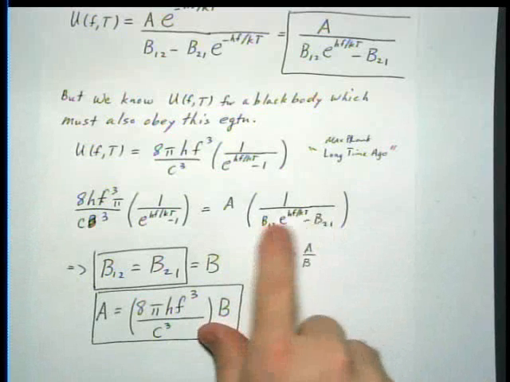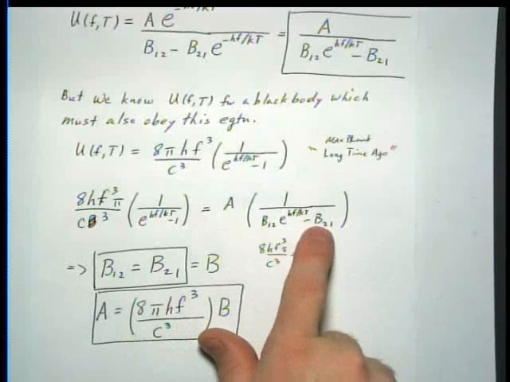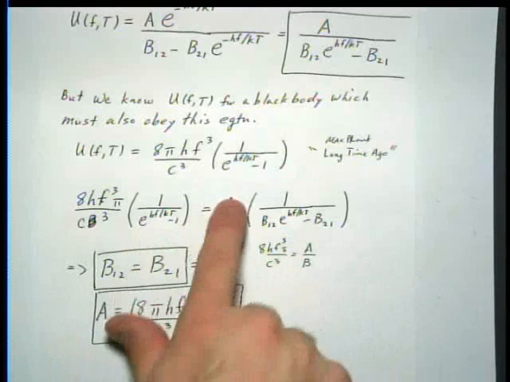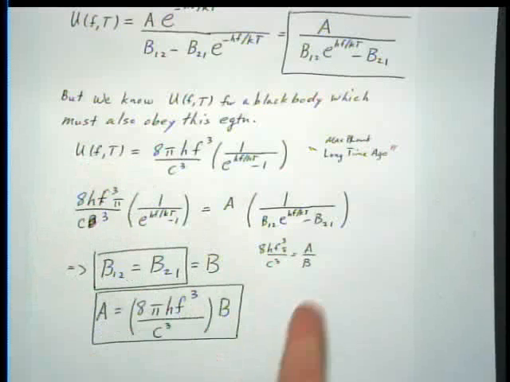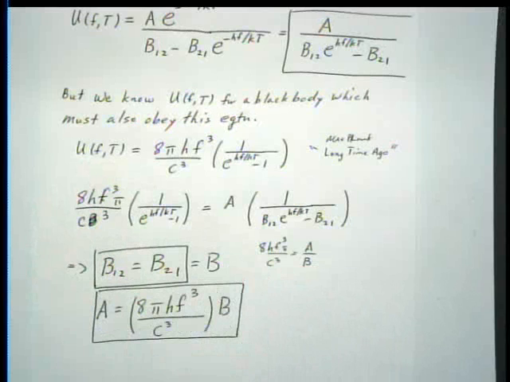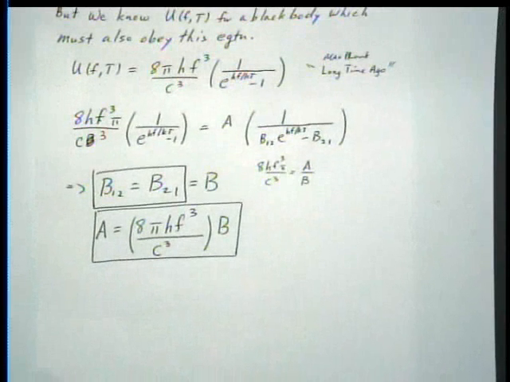You can factor a B out of here, and then the e to the hf over kT minus 1 is the same as that, so A over B has to equal all this junk out here. And that means you can multiply that B by that, and you get this requirement for A. So I can't eliminate all the coefficients, but I can eliminate it down to 1.